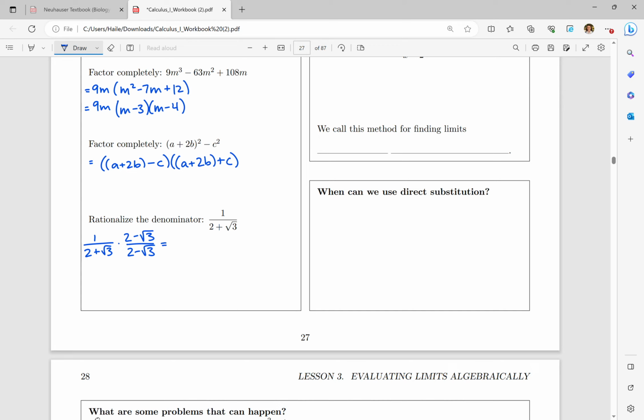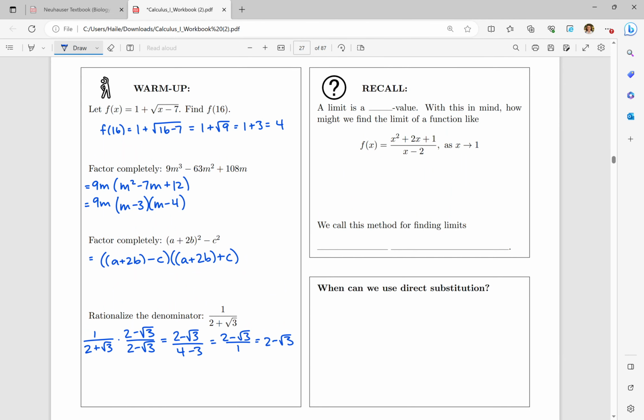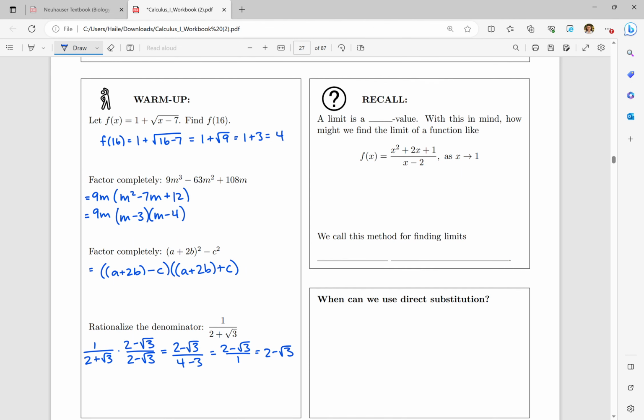And then if we FOIL out the numerator and the denominator, we'll get 2 minus root 3 over 4 minus 3, which is 2 minus root 3 over 1, which is just 2 minus root 3. Okay, so that was a really quick review of some algebraic techniques that we're going to use with limits.